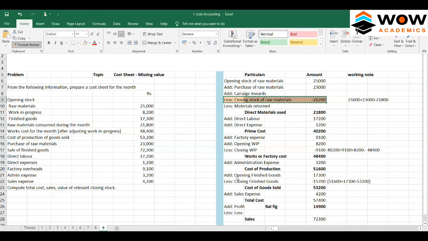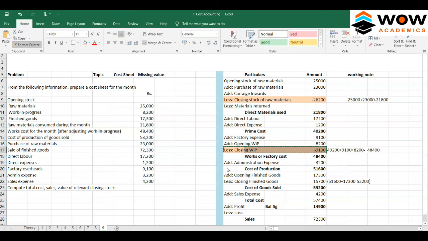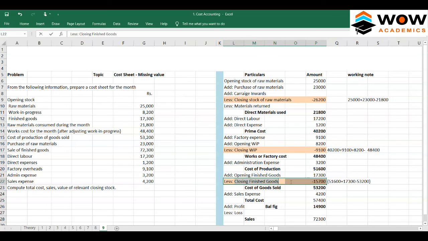Closing WIP is a key number because that is what we found, and closing finished stock is also a key number. So that is about this sum.